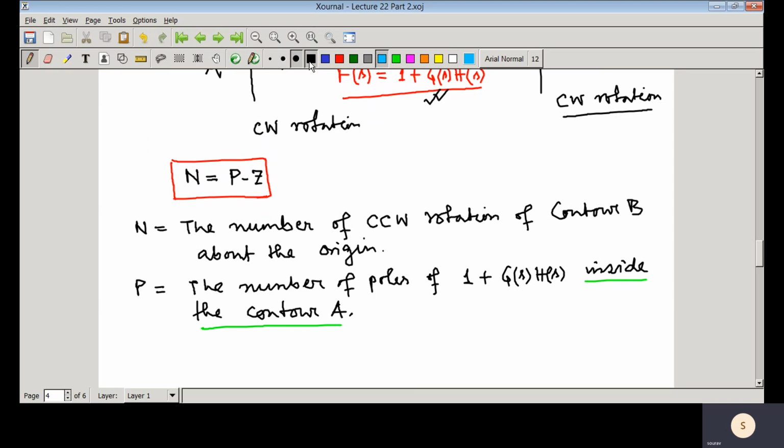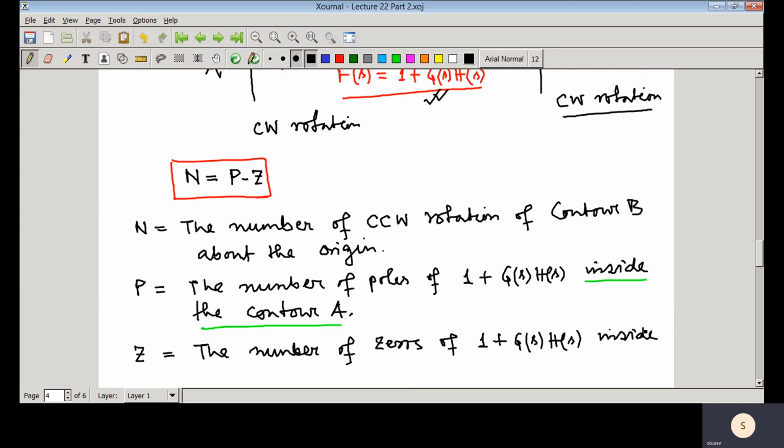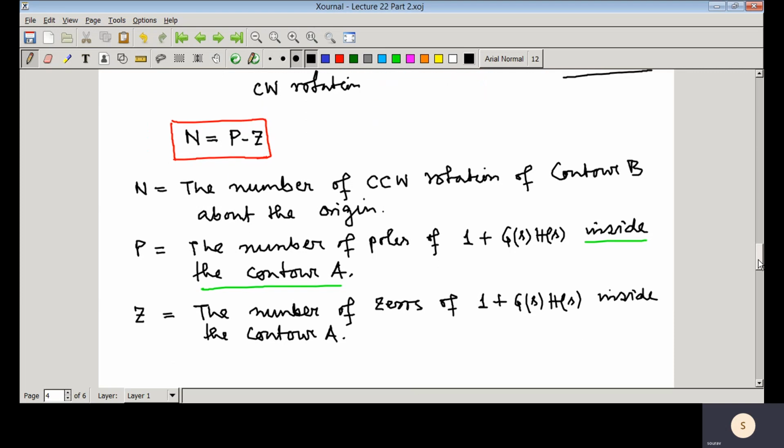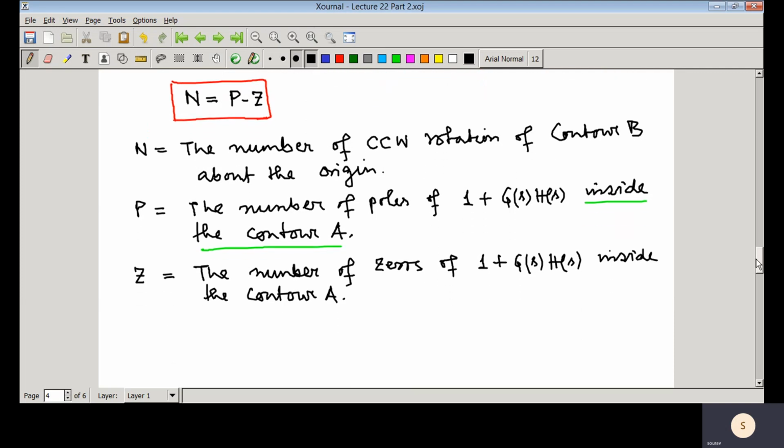And then what is Z? Z is the number of zeros of 1 plus G(s)H(s) inside the contour A. Similarly, that means how many zeros are there inside that contour, we need to consider, that is, inside that contour.